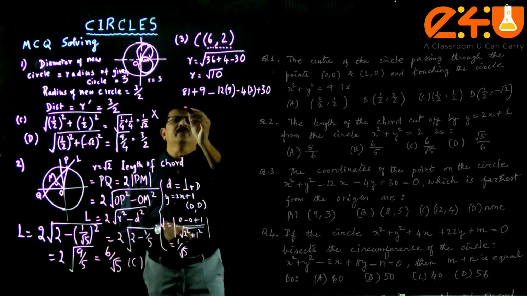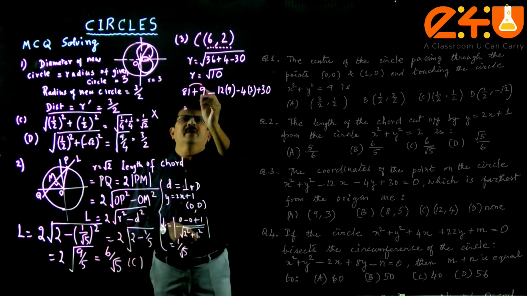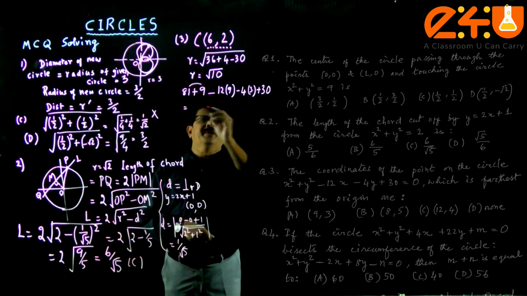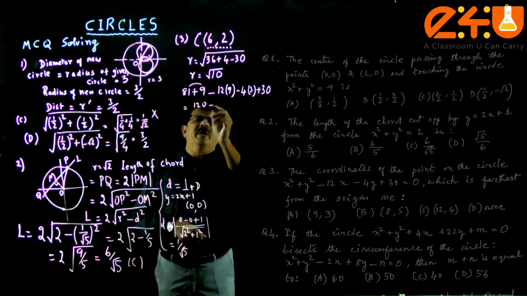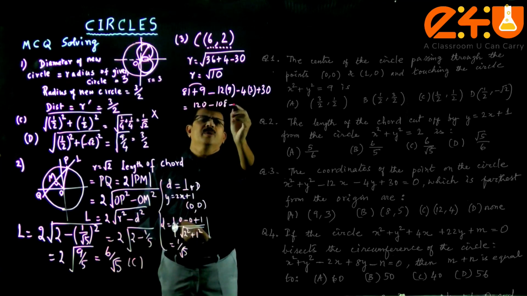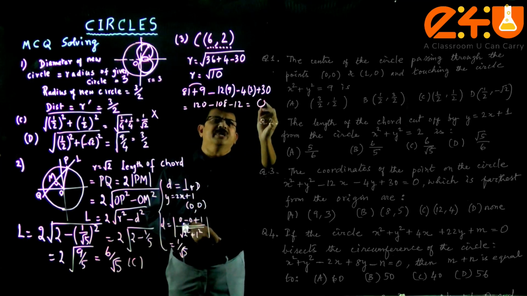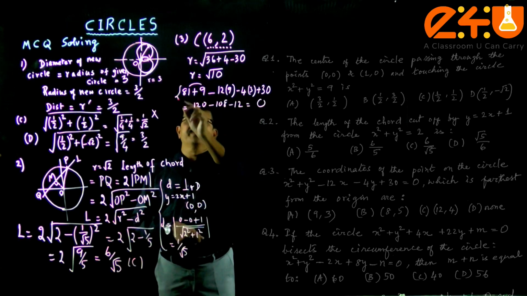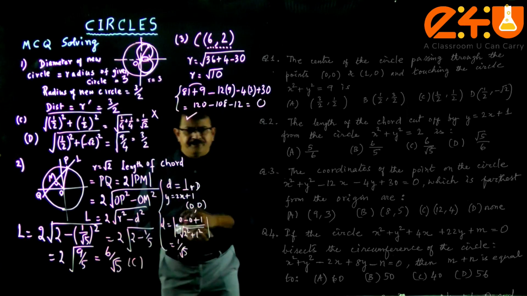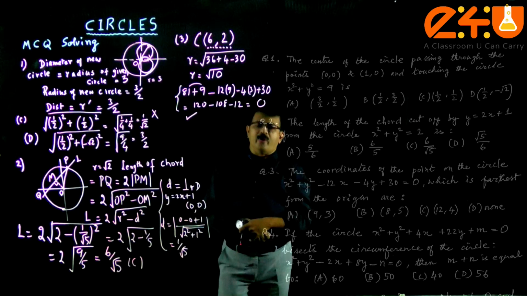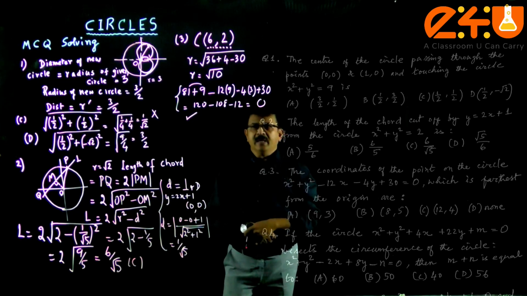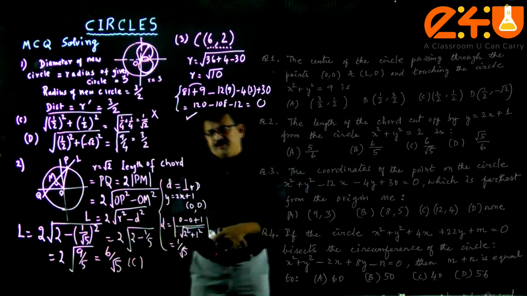So that gives you in all 90, 120, minus 108, minus 12, which is 0. Yes, it is on the circle. So we verified that the point (9, 3) lies on the circle.